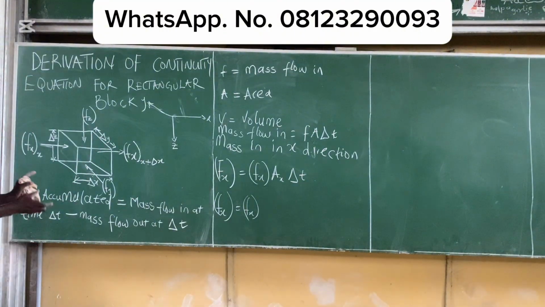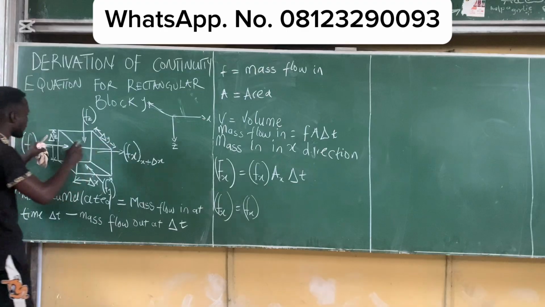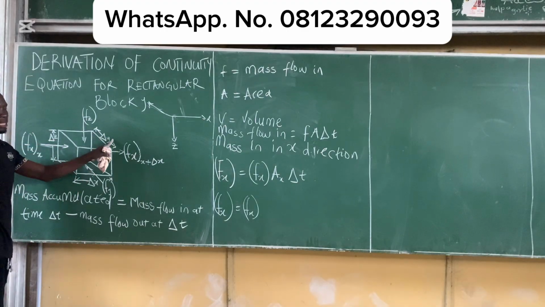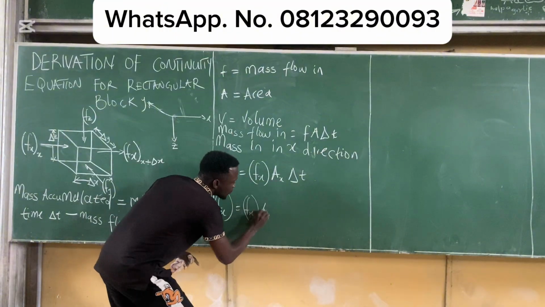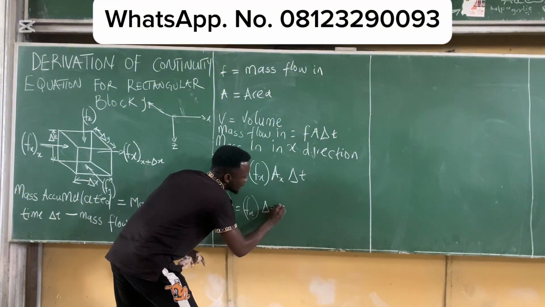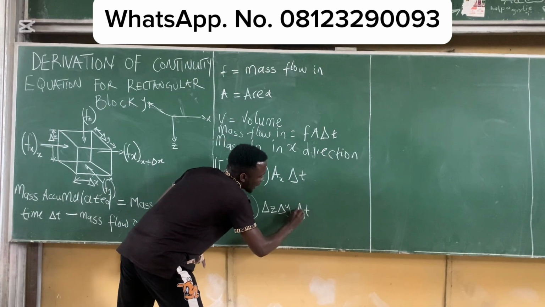So if we consider the area in the x direction, since it's going in the x direction, we have to consider this one here times this. So the area becomes delta z times delta y. Our Ax here becomes delta z delta y at a given time t.